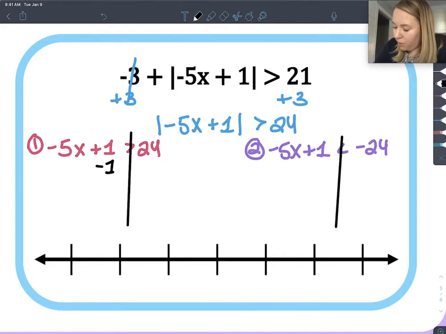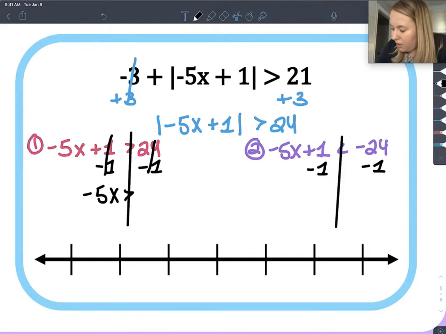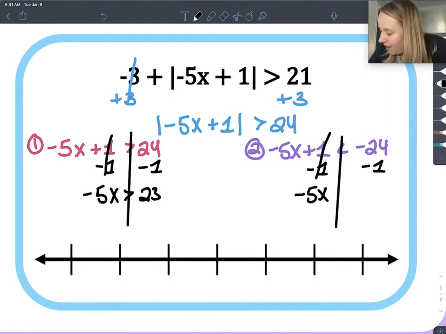For both, we're going to subtract 1. The 1's cancel. We get left with negative 5x is greater than 23. I accidentally canceled it out on the left, that was a mistake on my part. I'm supposed to cancel out over there. And then we're left with negative 5x is less than negative 25.